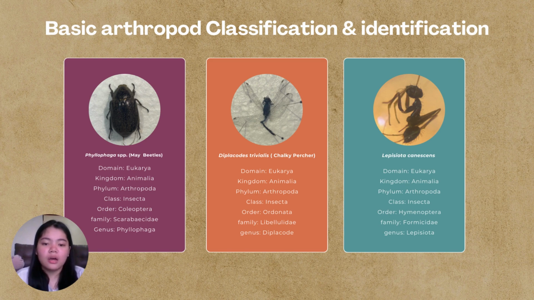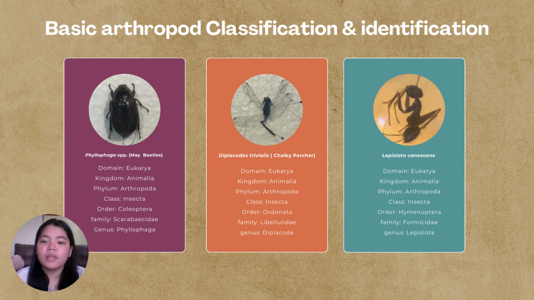Other than that, in the classification of order, the May beetle order is Coleoptera, the dragonfly order is the Odonata, and the ant order is the Hymenoptera.